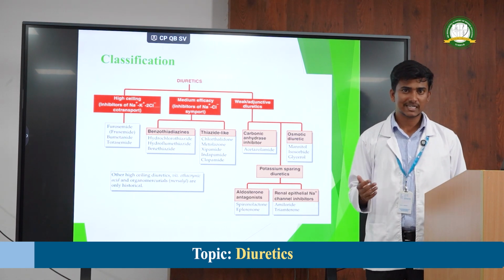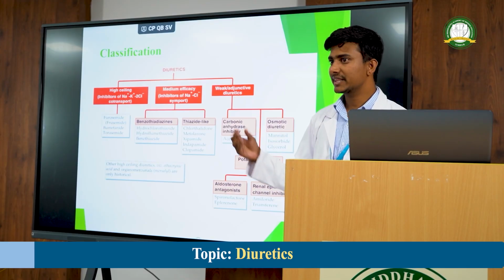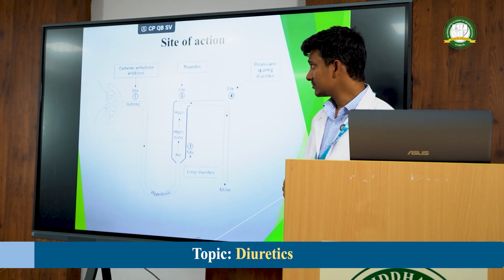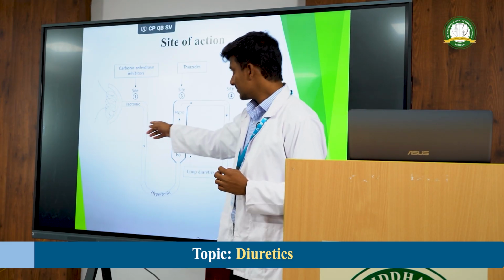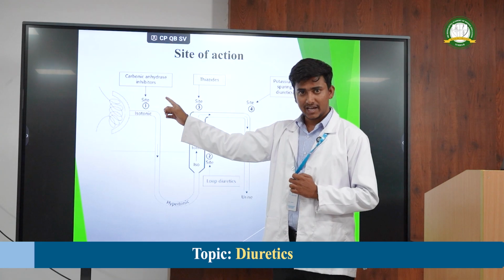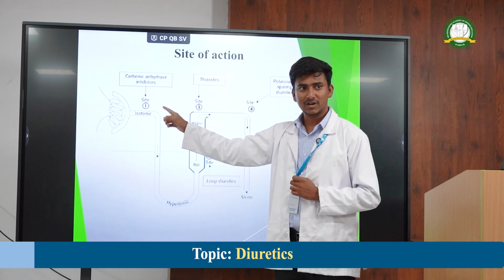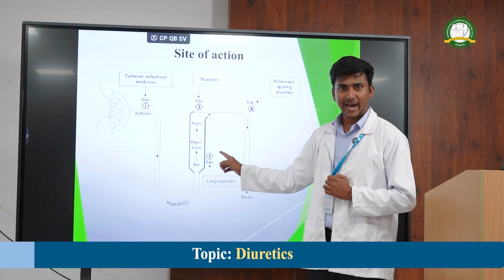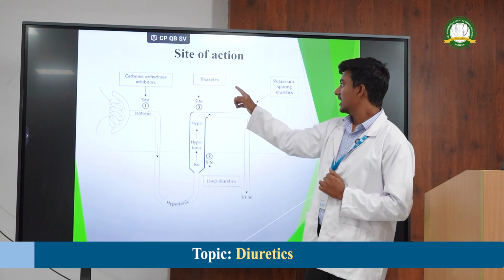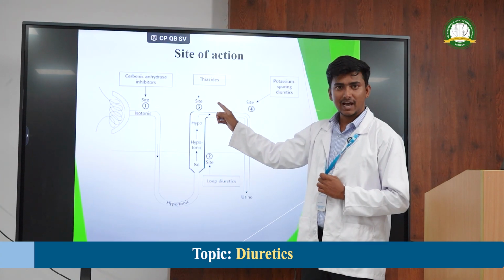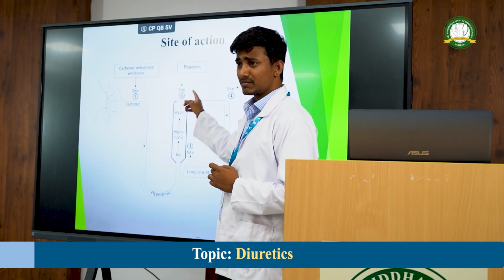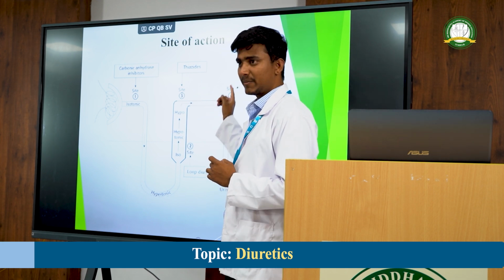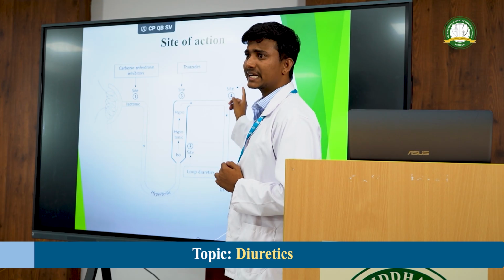Next, we are going to discuss the site of action, where these diuretics act. These diuretics act mainly on nephrons. Here in the nephron, carbonic anhydrase inhibitors mainly act on the proximal convoluted tubules, whereas loop diuretics act on the thick ascending loop of Henle, and thiazide diuretics mainly act on the early distal convoluted tubules, and potassium sparing diuretics mainly act on site 4, that is the collecting ducts.